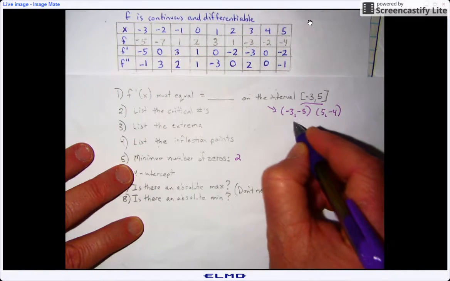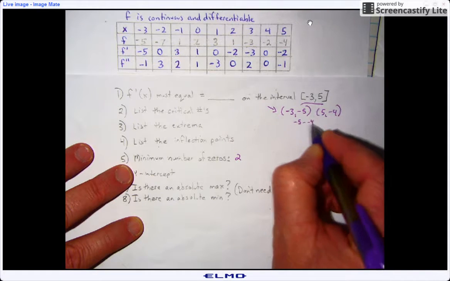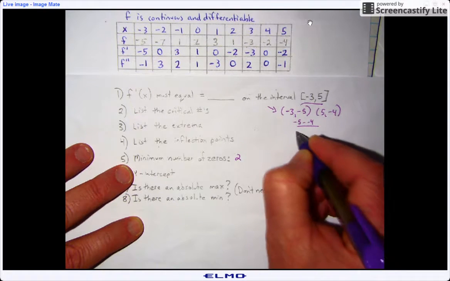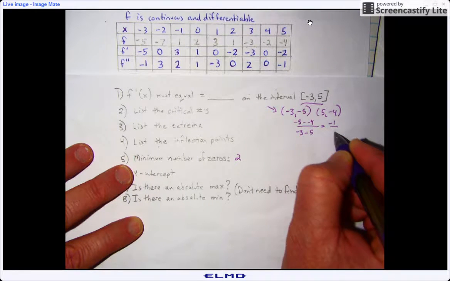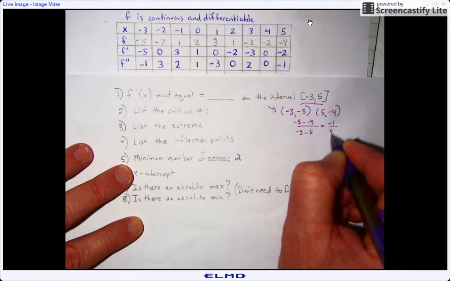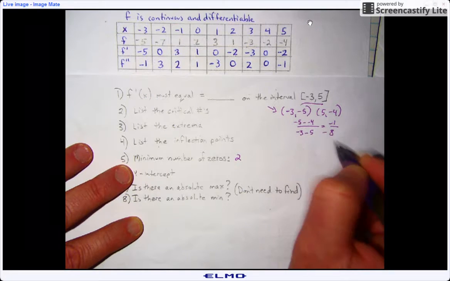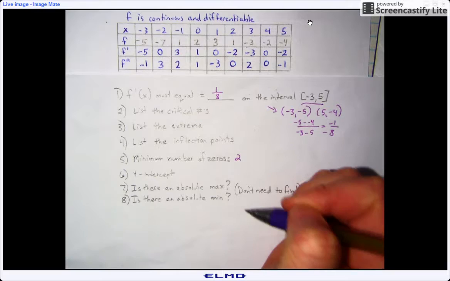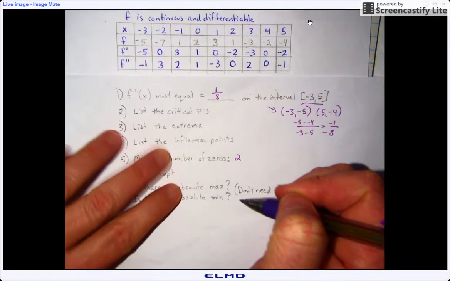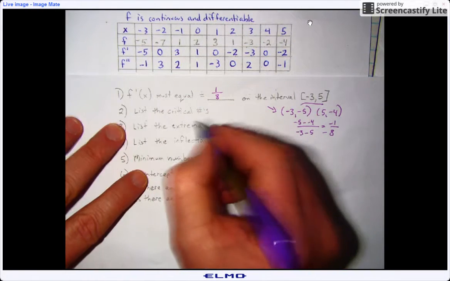So -5 minus -4 over -3 minus 5. That would be -1 over -8. So that's 1/8. Somewhere the slope has to equal 1/8. We don't know where. We can check and find between each point, but we're not doing that.